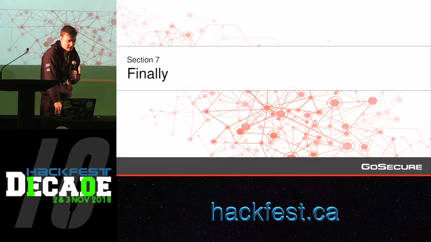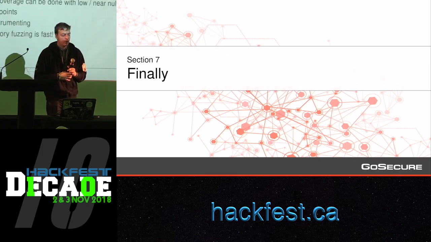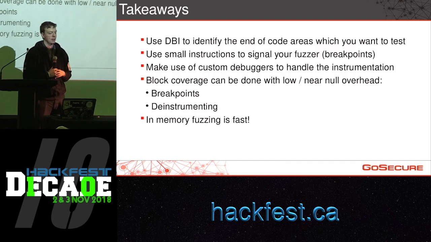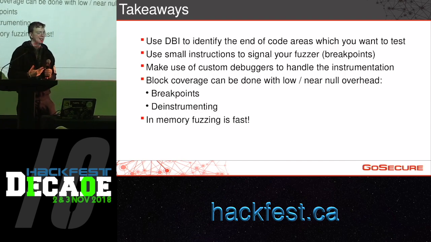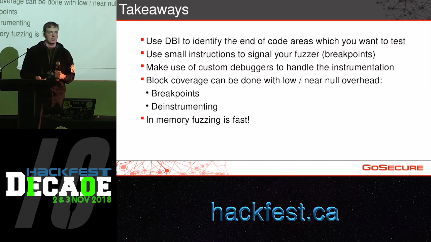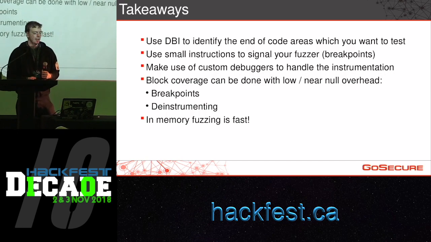So finally, what have we seen? We made use of dynamic binary instrumentation to identify code areas in our PDF viewer that we are actually interested in, so that we finally made our PDF viewer kill itself when we're not interested in it anymore. We made use of small instructions, in this case breakpoints, to signal our fuzzer as a way to communicate between fuzzer and target.